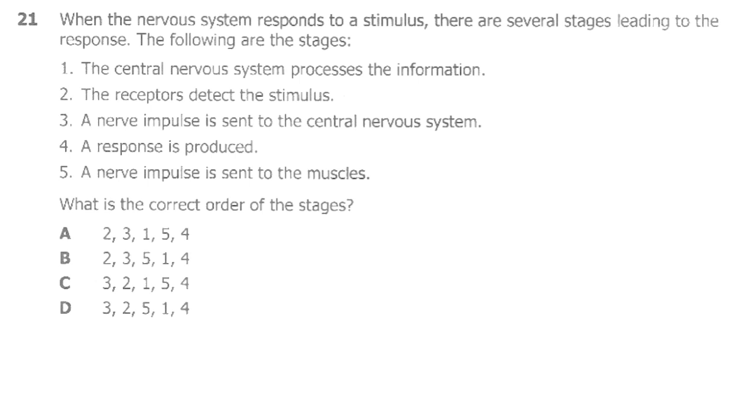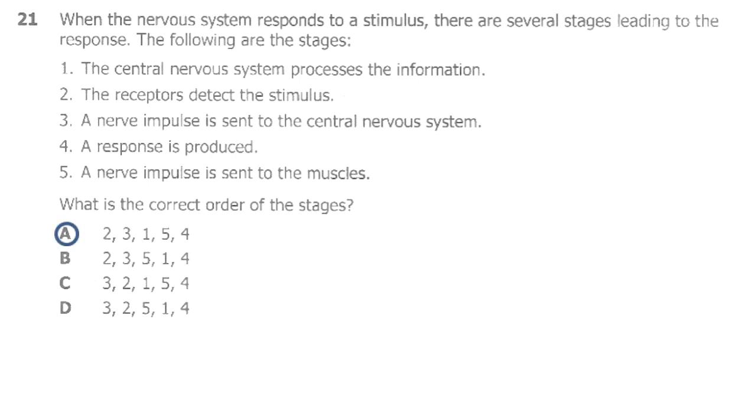So what happens when, for example, you touch a hot place? What happens during all that reaction? So here our answer will be A. So it will be 2, the receptors detect the stimulus.